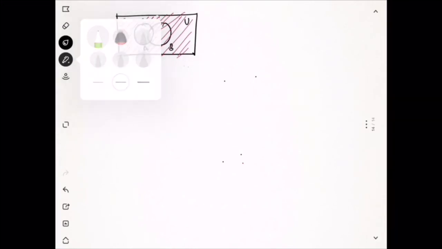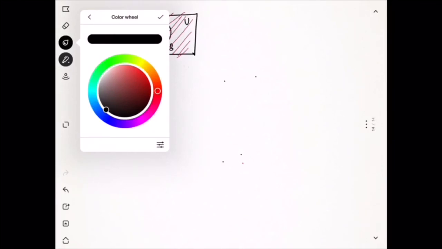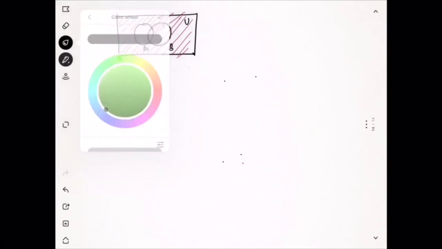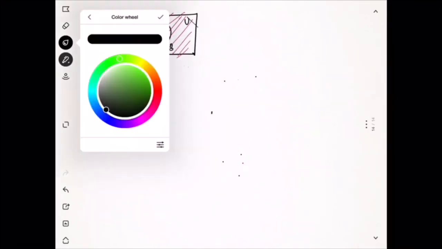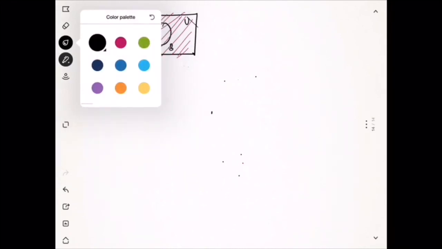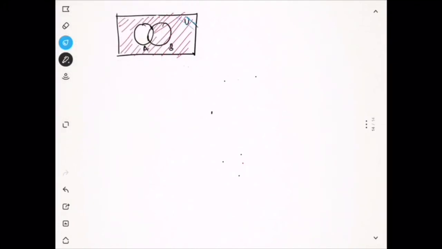Next I will use another color, for example green color, to represent the B complement, something which is not in B. Okay, that is I will use the blue color to represent something which is not in B, that is known as the B complement.